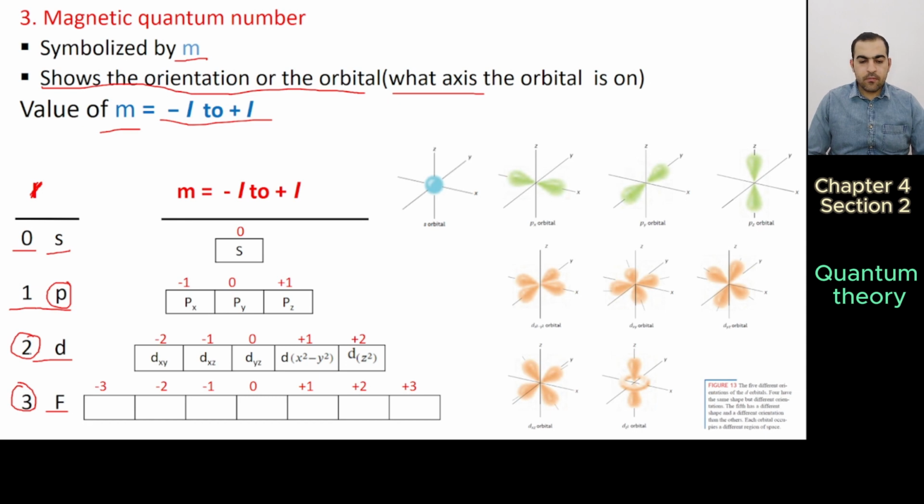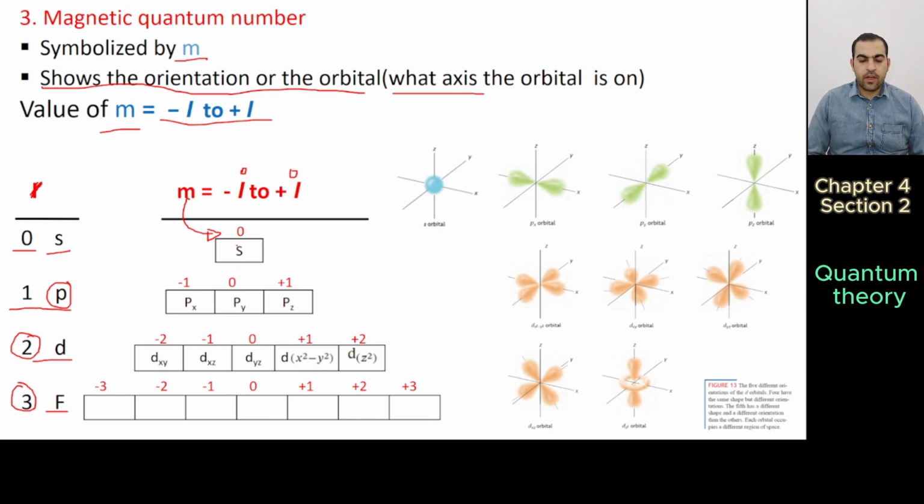Let's number the orbitals. For S, the magnetic quantum number is 0. Why? Because it goes from minus L to positive L, and we don't have minus 0 or plus 0; this is still 0.